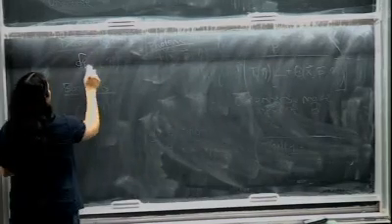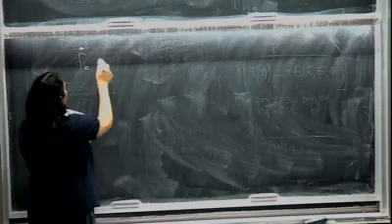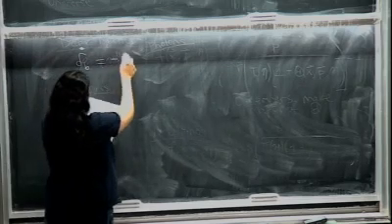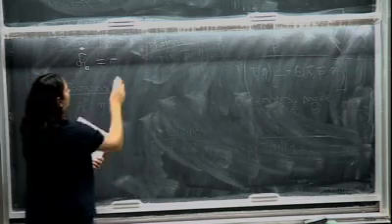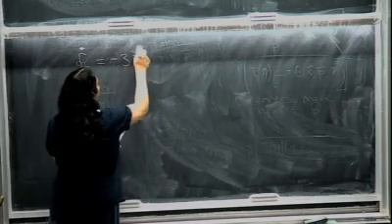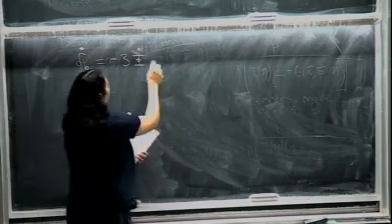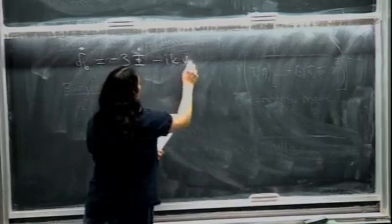Let me write down the baryon equations because we need them next. Here my potential comes in again: 3 phi dot minus i k v_b.